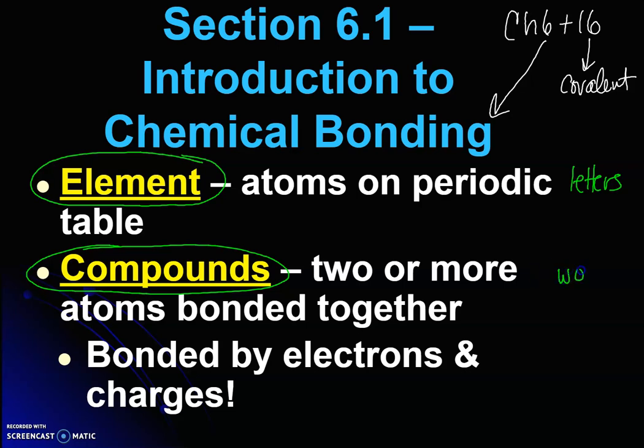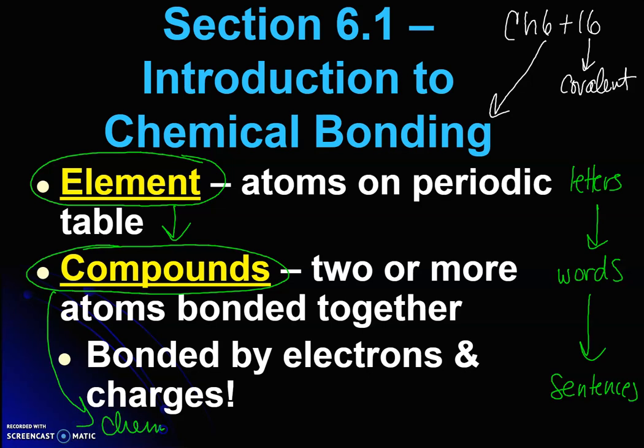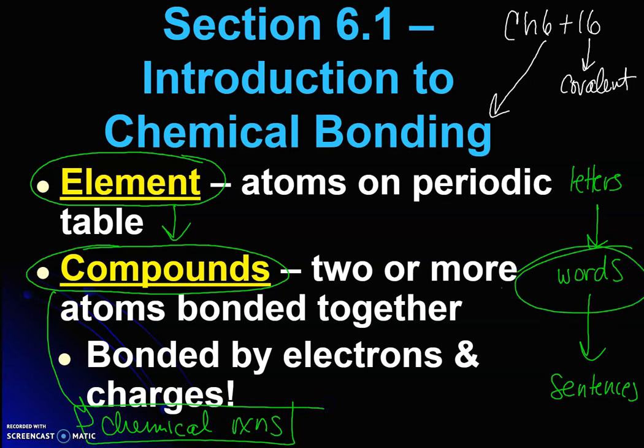So these would be like words. All right, so you can see how those two things shift from one another. We will eventually get into sentences, which will be the same thing as looking at chemical reactions. So we kind of have to do the word work first.